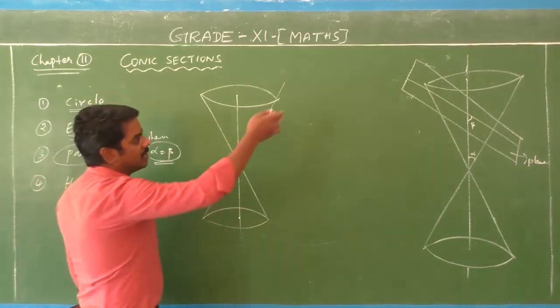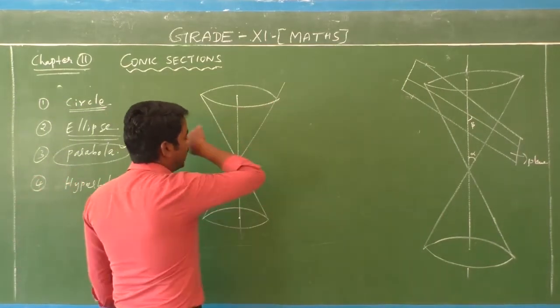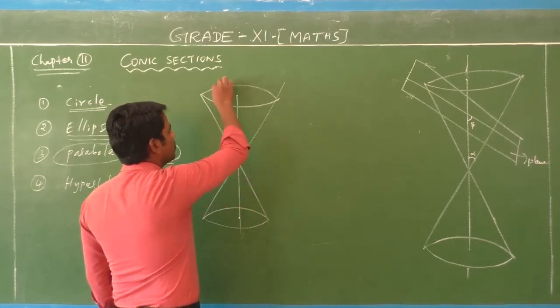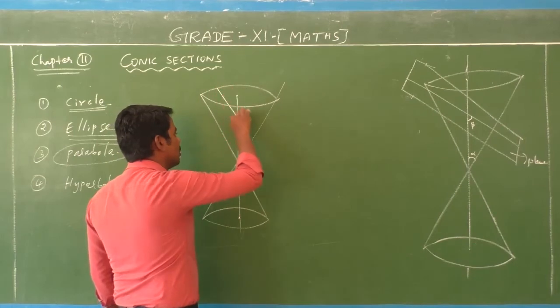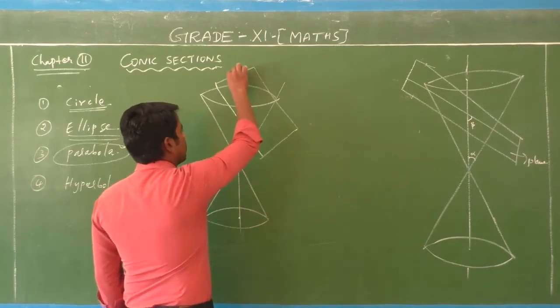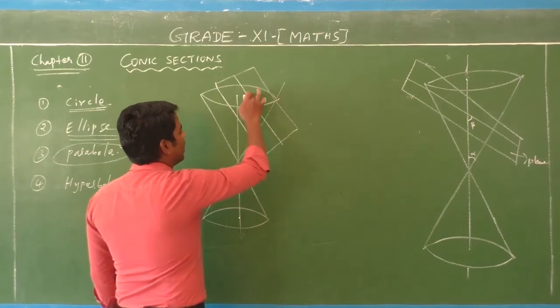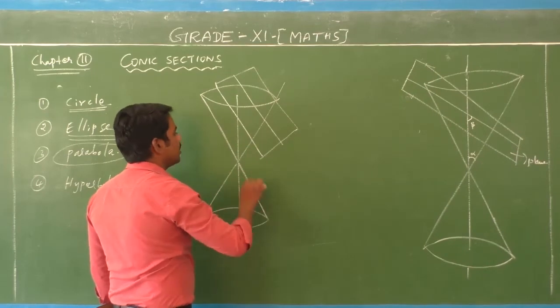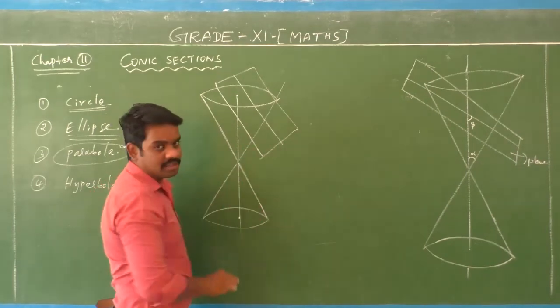So let us consider the plane. A plane is at angle beta equal to alpha. So this line is parallel to the plane. This line is parallel to this axis line. These two lines are parallel.